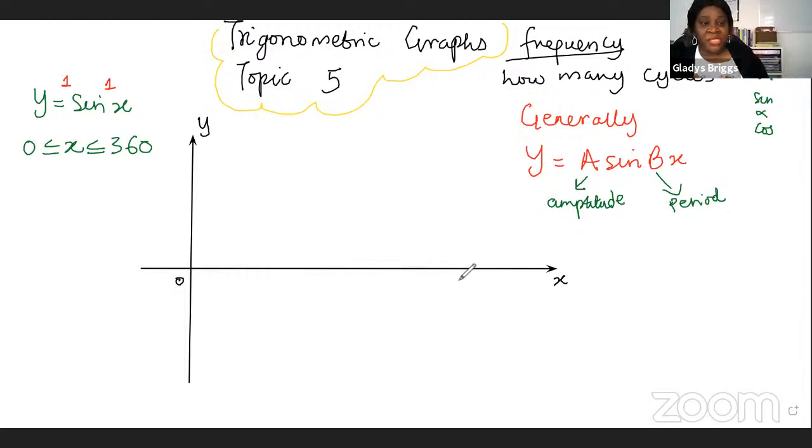If it is 1 and 1, to complete a full cycle and make that shape of the hill, or an upside down S, I'm going to start from 0. This is going to be 1 because the amplitude is 1. It's going to come down to -1 because the amplitude is 1.